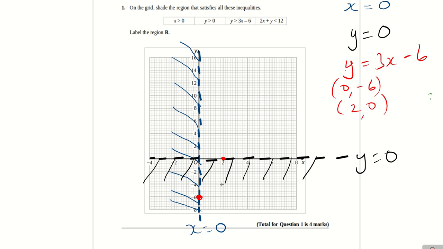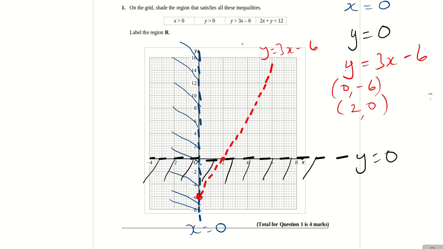Right, so it's going to look something like this. Whoops. Haven't drawn it great, but something like that. Okay, and that's the line y equals 3x minus 6.